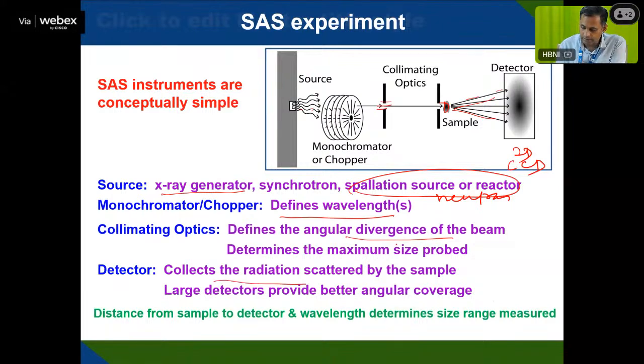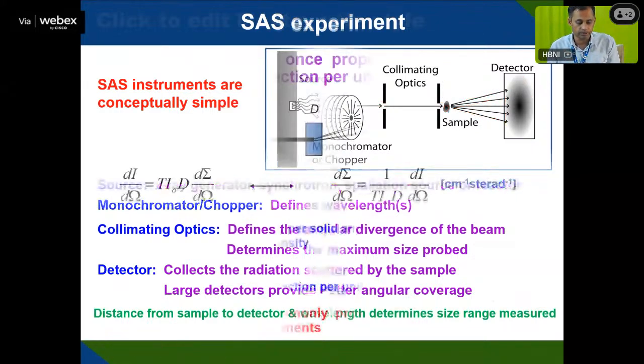Finally it falls on the detector, a 2D or charge coupled detector, which provides better angular coverage. The distance from the sample to the detector determines the size range measured. So by varying the sample to detector distance, you determine the particular size you can measure by this technique.